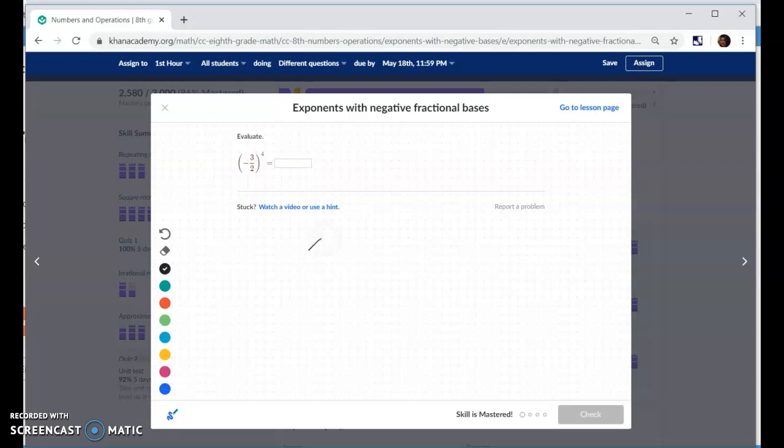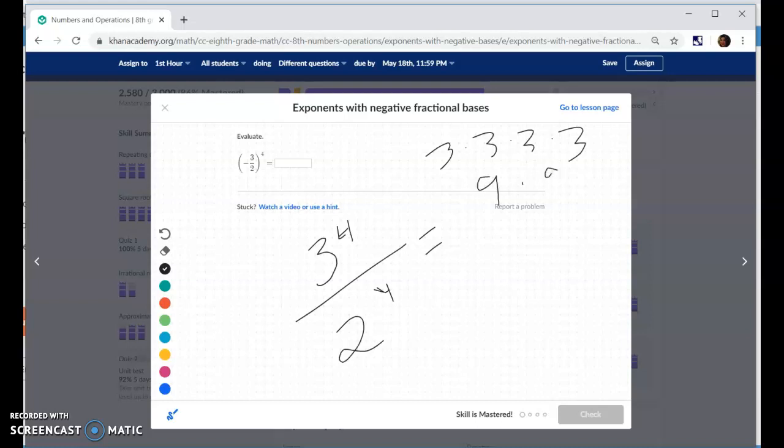So this is basically what we're looking at. 3 to the 4th power over 2 to the 4th power. Okay, so 3 times 3 times 3 times 3. That's 9 times 9. It's 81.